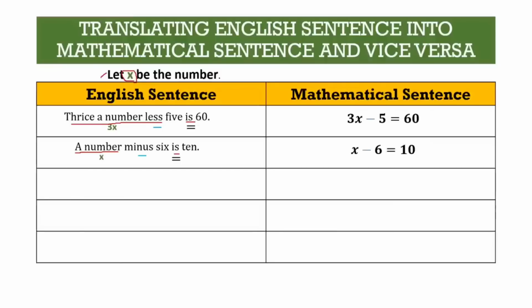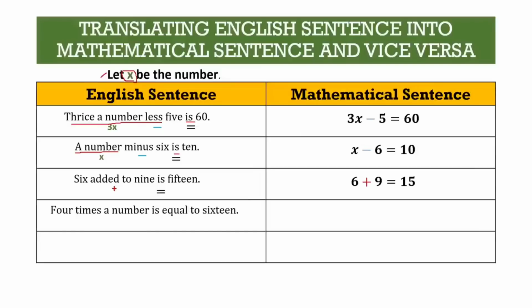So we have the mathematical sentence x minus 6 is equal to 10. For example 3, we have 6 added to 9 is 15. I think this is easier. We just have to add 6 and 9 to get the sum, which is 15.